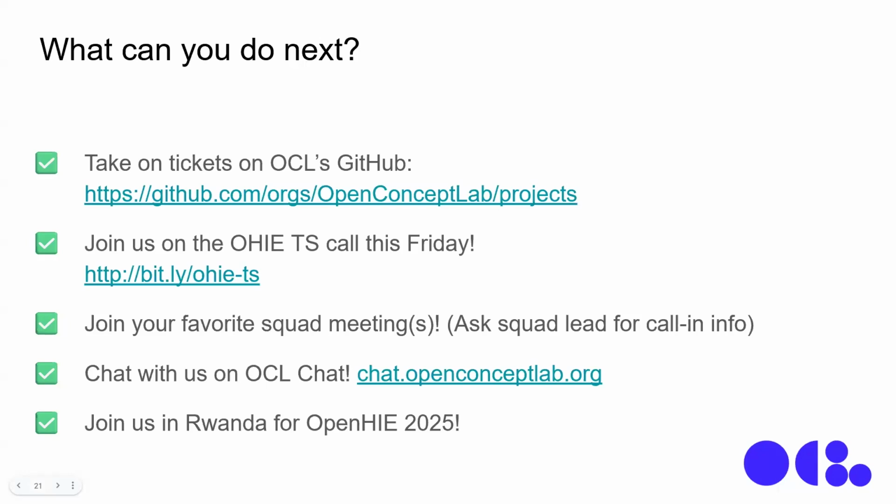I'm not a technical person. I don't know if it's possible, but you could do something with the terminology service. Italo, can you say anything about that? Because it's one of our goals, using the FHIR API.